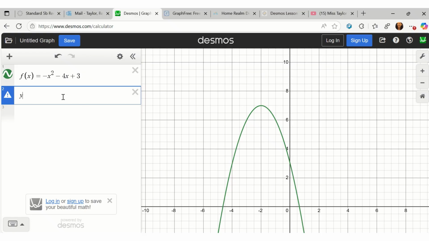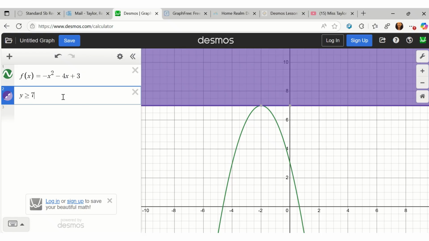Let's try y is greater than or equal to 7. Ooh, no, I went in the wrong direction. Okay, so this one, because we're going y is greater than, you can tell we're going numbers greater than 7. We have like 8 and 9 and 10, okay? But we actually wanted numbers that were less than 7. We want the 6 and the 4 and the 2 included.